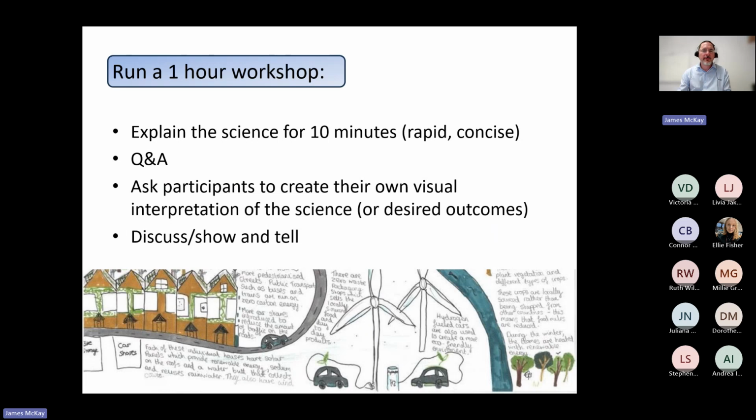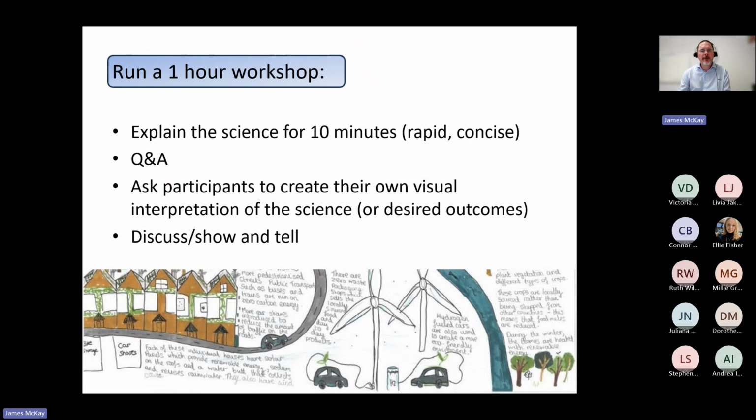So for our project, it was about trying to draw pictures of the place where people live in the future and their desired outcomes. Then after that, about half an hour of that, hold them up, discuss them, do a bit of show and tell. And that can often provide the basis for some really amazing pieces of artwork, and illustration and interpretation of science. So I'd really recommend that as an approach to an event, and something that you could do if you're interested in visual communication of your research.